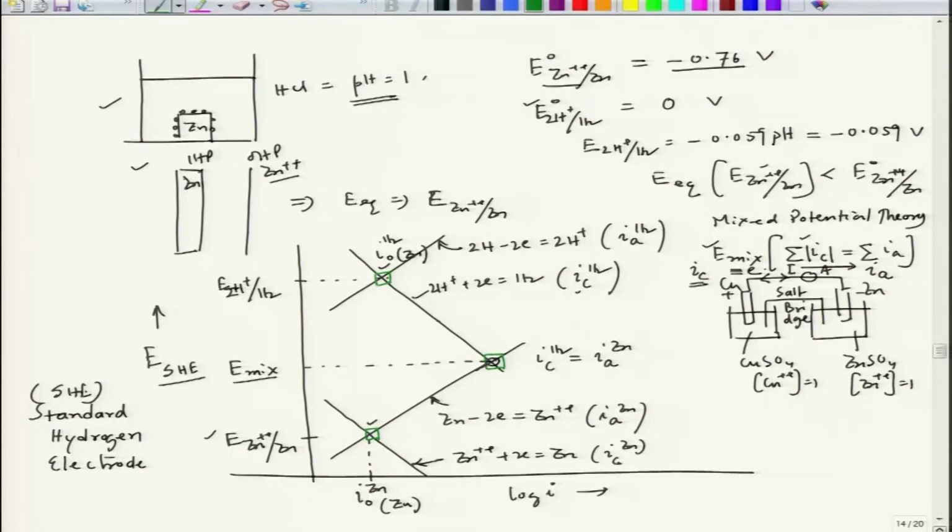Let us say I am giving some names, let us say S, T, U. Now, if I talk about S and U, there the potential is nothing but the non-corroding system.